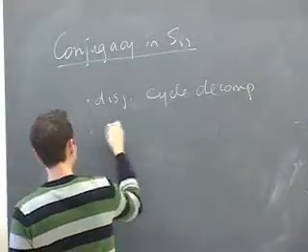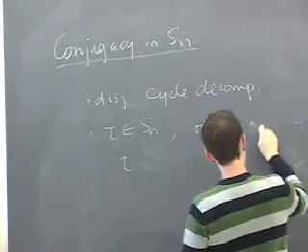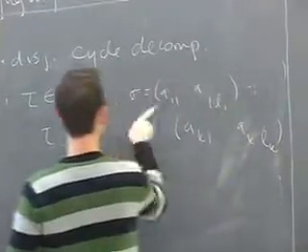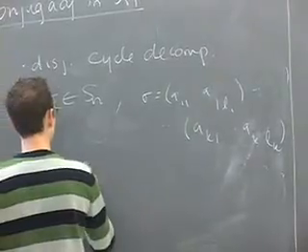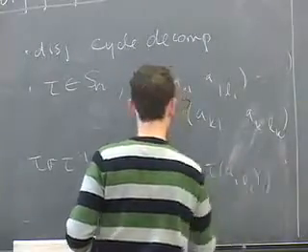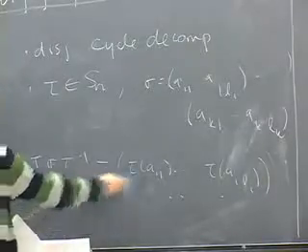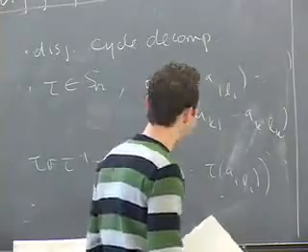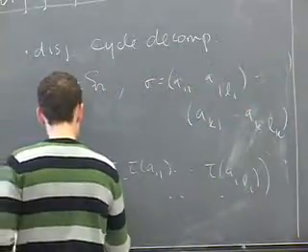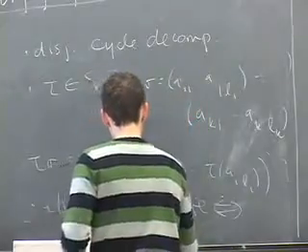Given tau in S_n, if sigma can be written as (a_{1,1} a_{1,2} ... a_{1,l_1}) up through (a_{k,1} ... a_{k,l_k}), this is its disjoint cycle decomposition, then tau sigma tau inverse is just equal to (tau(a_{1,1}) tau(a_{1,2}) ...), etc. So we know how conjugacy works, and in particular, this formula shows effectively that elements of S_n are conjugate if and only if they have the same cycle shape.